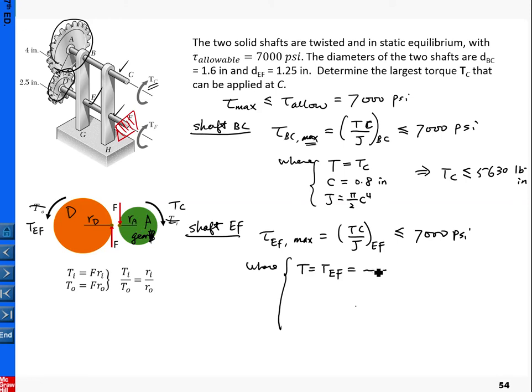So that one equals RD over RA times TC. From this, it is 2.5 divided by 4 times TC, that is 0.625 TC. And here C is the radius of the shaft EF, and that is 1.25 divided by 2, that is 0.625.